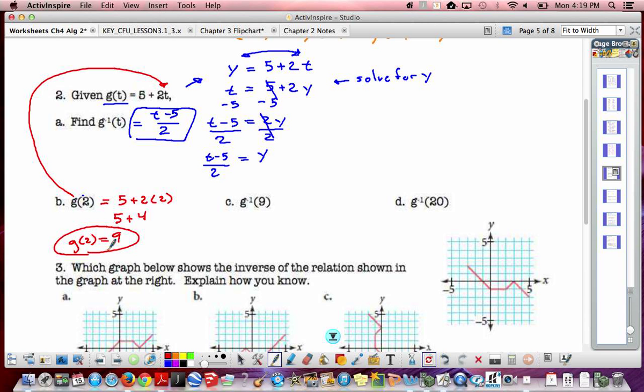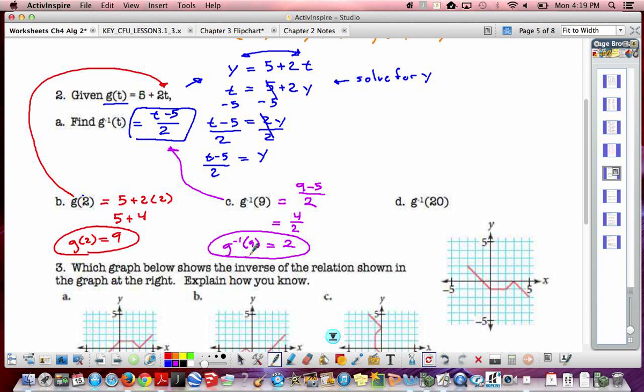Now we want to find g inverse of 9. You're going to see something interesting here. So I'm plugging this one now in the inverse function. So I have 9 minus 5 divided by 2. Well, 9 minus 5 is 4. 4 divided by 2 is 2. So g inverse of 9 is 2.